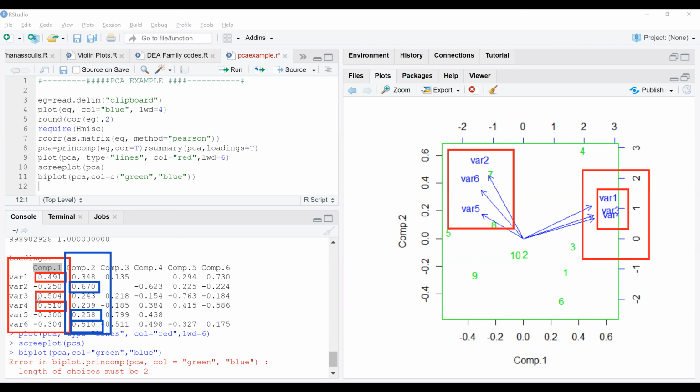When you look at variable 3, which one will it go to, component 1 or component 2? It will go to component 1 because component 1 is 0.5 and component 2 is 0.2. So no wonder it went to component 1. And then variable 4, that one is also 0.5, bigger than the 0.21 for component 2.